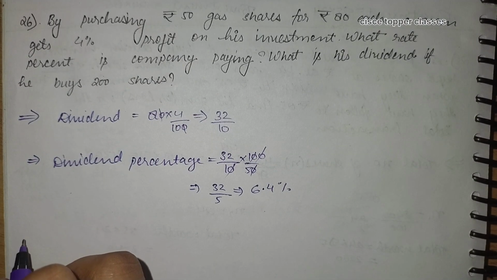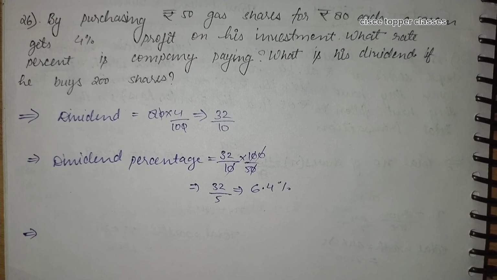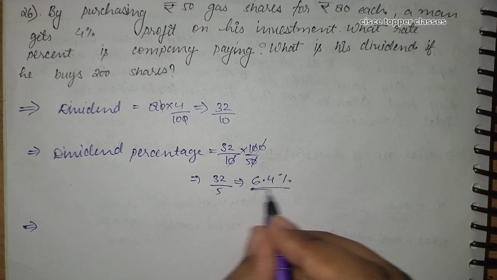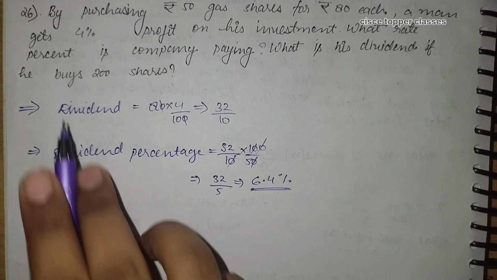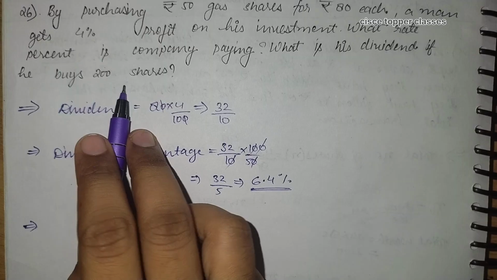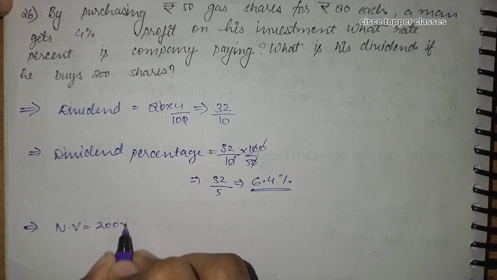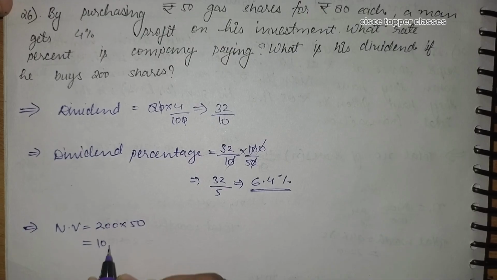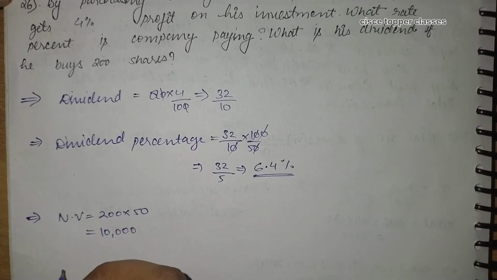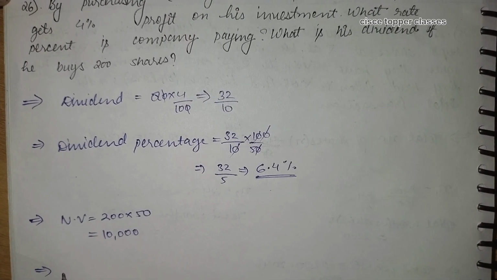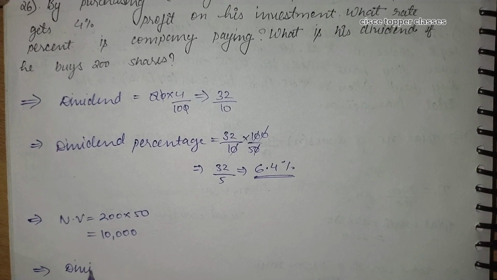Now, what is his dividend if he buys 200 shares? From this part we can find the dividend he gets on 200 shares. Firstly we will find the total nominal value, that will be 200 into 50, means 10,000 is the nominal value here, and on the nominal value we can find the total dividend on 200 shares.